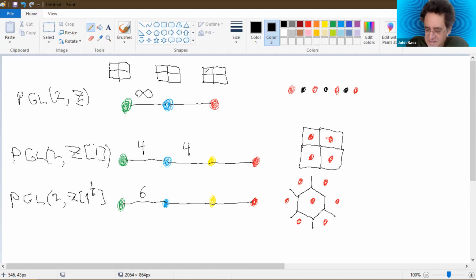No. Huh? But there's just a few conjugacy classes. Let's see. In PGL2? Wait, in what? So in the translations, there are lots of conjugacy classes there, but among the reflections... Oh, really? Well, am I screwed up here? Take the infinite dihedral group. Am I saying this right? Yeah, you're right. Okay.